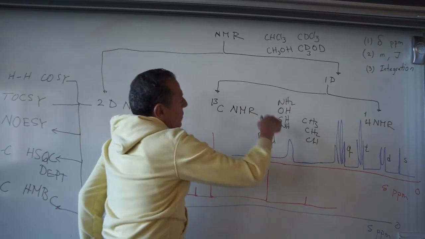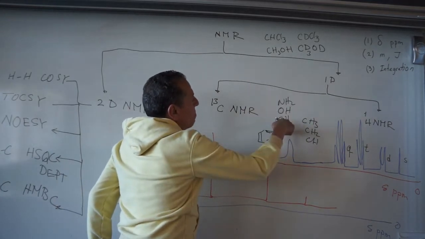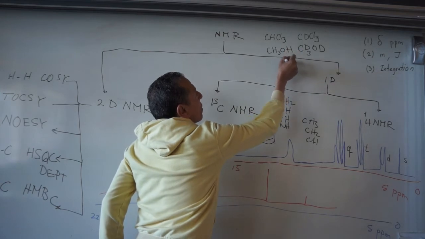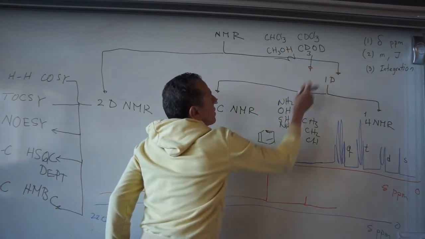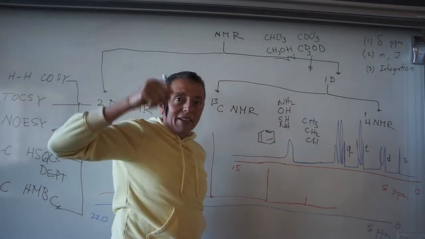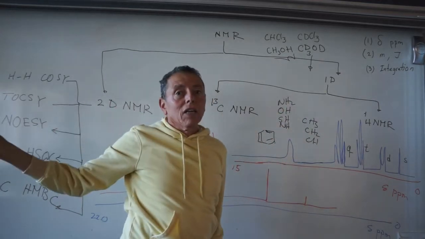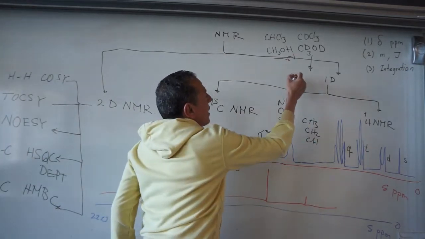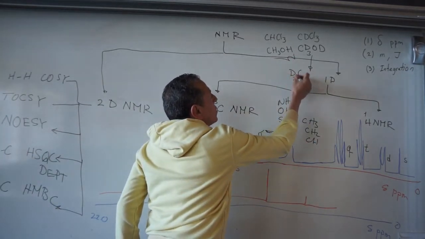So if you would like to prove the functional group, then suppose you have prepared the sample in deuterated methanol. Then you would like to prove the functional group. Simply after you run the NMR, as I explained in my video in English, you redo the sample again, but you add just 1 drop of D2O.